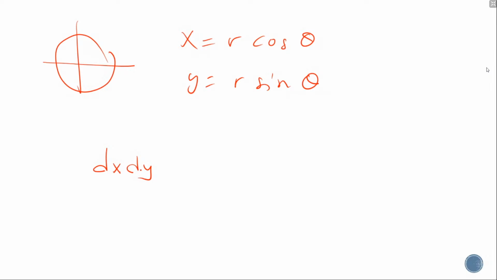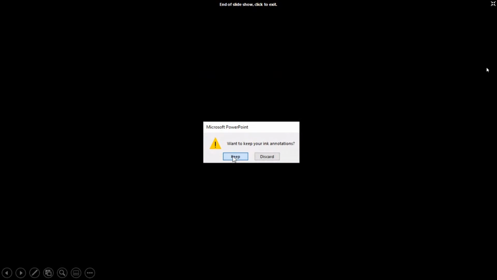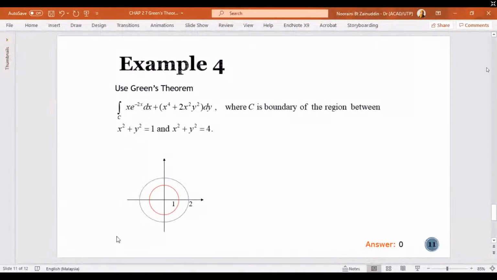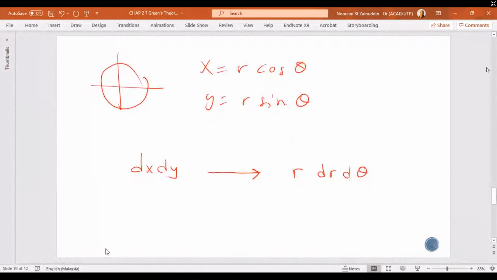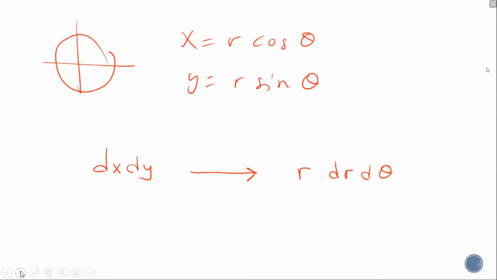If you have dx dy, when you want to change your variables into r and theta, you need to put r, this one depends, dr d theta. So what you need to put here is the variable r.